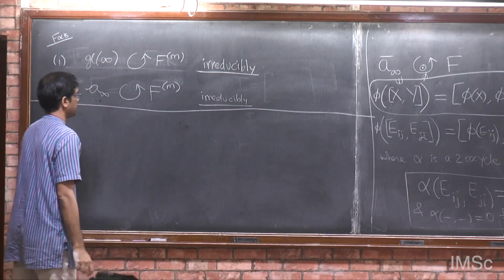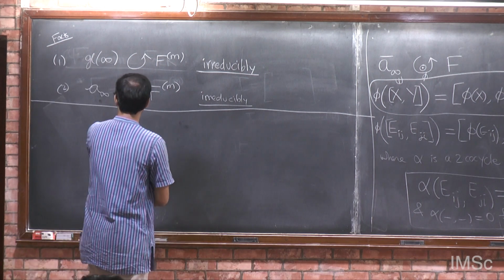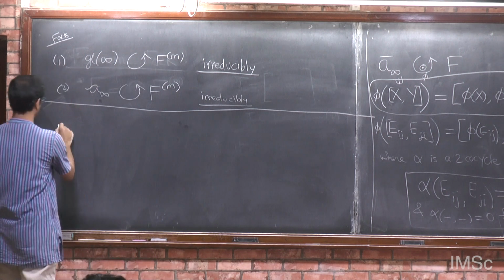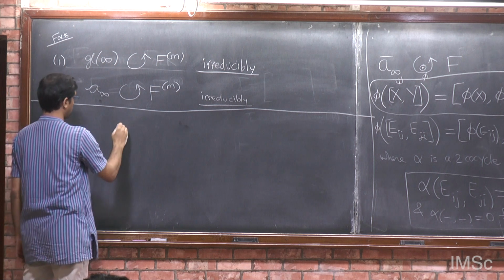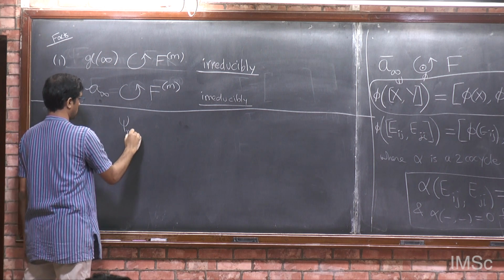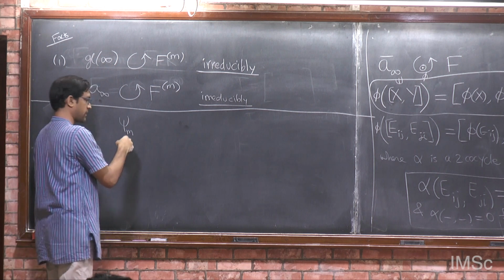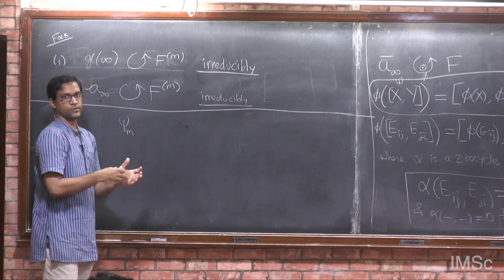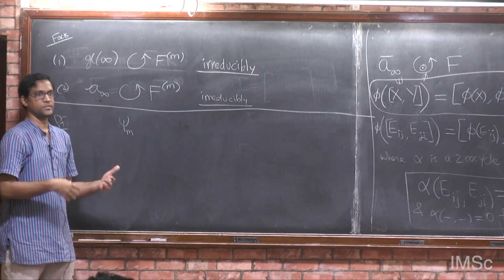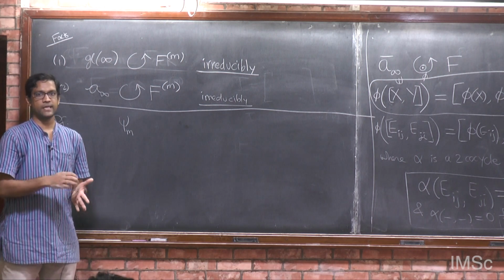So let's start with GL infinity. The first thing to observe is, what was Fm? There was this vacuum vector psi m inside Fm, the charged vacuum, from which everything else of Fm is obtained by finite excitations.